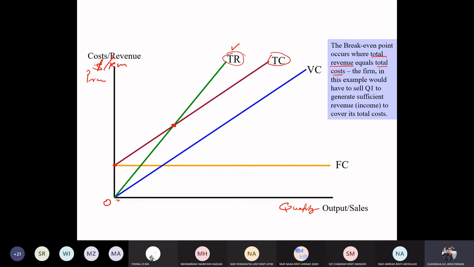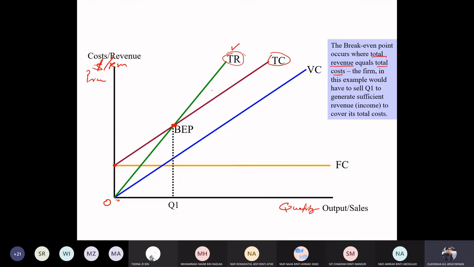Look at this example: the firm would have to sell Q1, a quantity of the product, to generate sufficient revenue to cover all its costs. We call this point the break-even point.